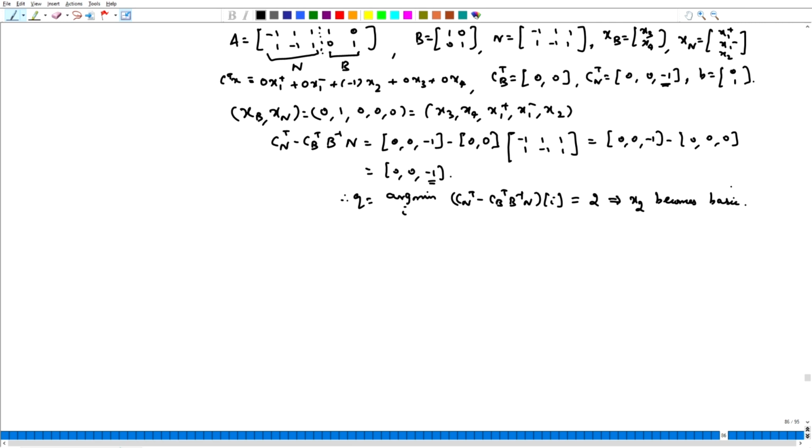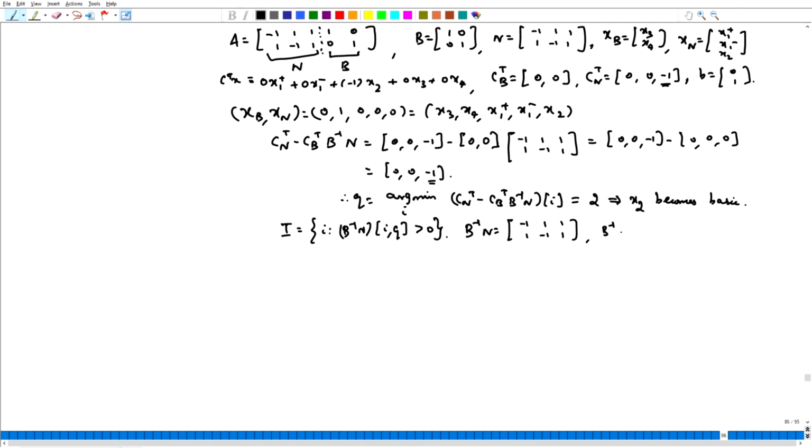So, x3 and x4 were the basic variables in this iteration. In the next iteration, x2 is going to become the basic variable. Fine. Now, the next one is to figure out I. What is I? It is the set of all i such that B inverse N of i comma q is greater than 0, right. So, let us figure out what is B inverse N in the first place. B inverse N is just N, since B is I. It is minus 1 1 1, minus 1 1 1, and we need the column corresponding to q.